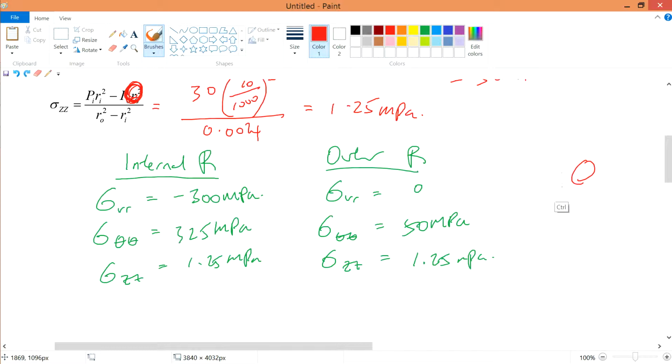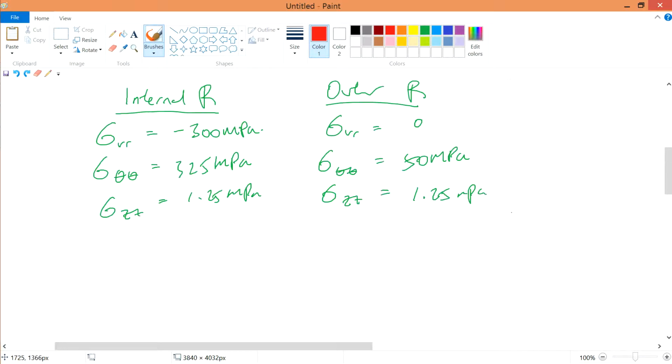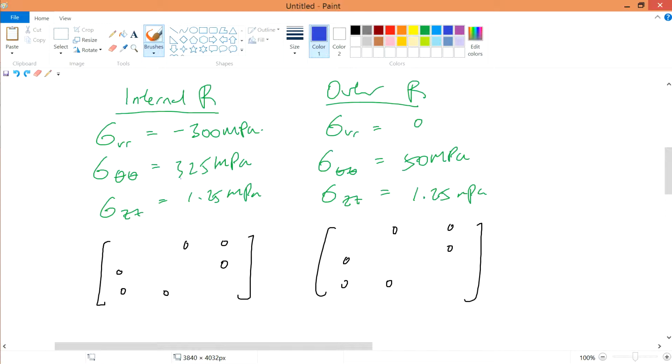So let's just write in terms of principal stress, because these are all principal stresses now. They are all just hydrostatic, if you still remember, because it's just pressure and water, all just forces acting on the perpendicular plane. There's no shearing. So let's just write in terms of a matrix. The first value will be the largest value, 325.